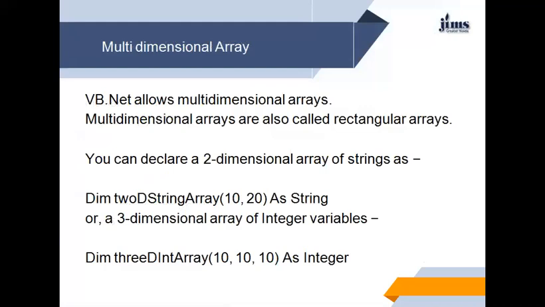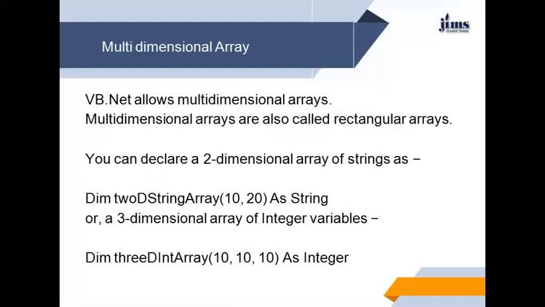Now, as we have seen, marks(10) or marks(2) is a one-dimensional array. There is another kind of array called a multi-dimensional array. VB.NET allows multi-dimensional arrays, which are also called rectangular arrays.